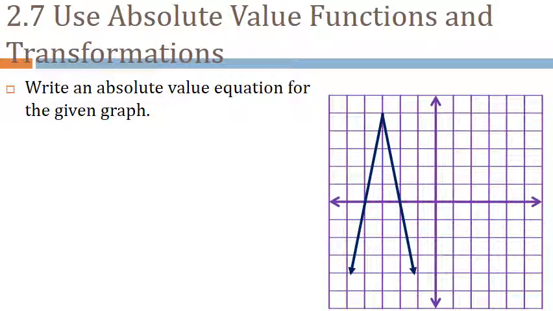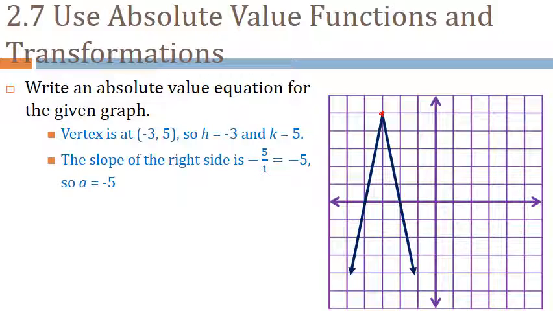All right, now let's go the other way. Here's the graph. What's the equation? So we need to know the vertex. Vertex is right here at negative 3, 5. So h is negative 3 and k is 5. We also need to know a. The slope of the right side is down 5 and over 1.